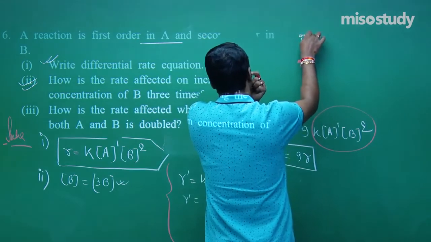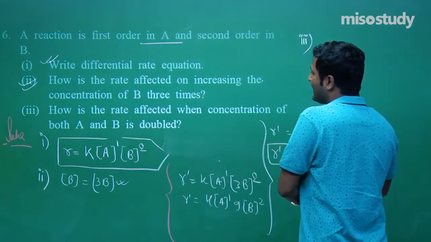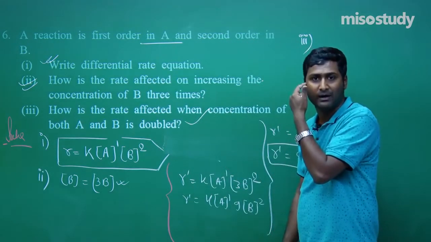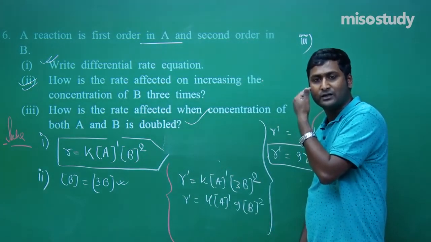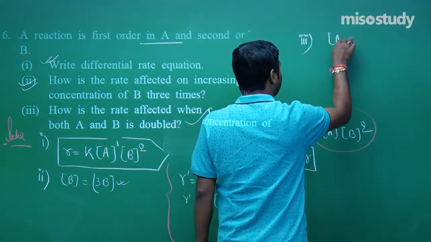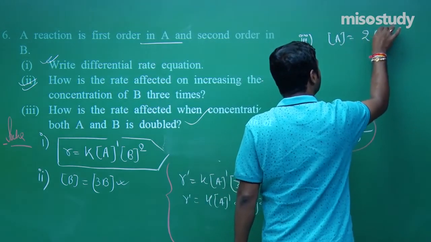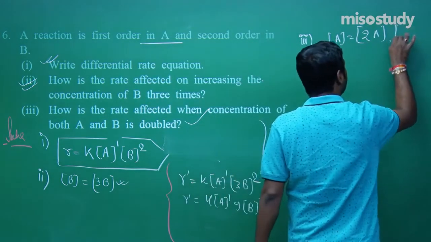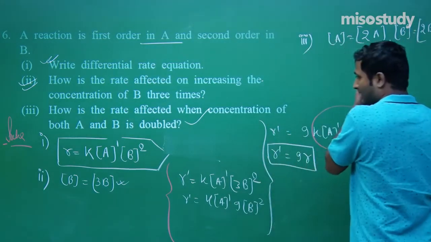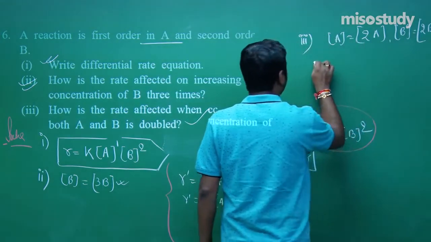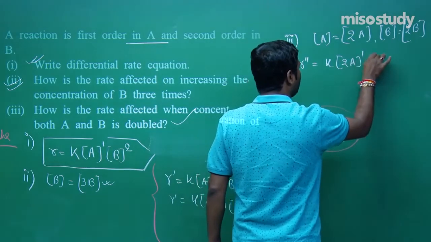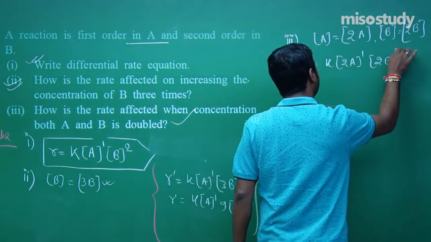Now the next question, what is given here? How is the rate affected when the concentration of both A and B is doubled? Concentration of A here we can write 2A, and the concentration of B, my friend, 2B. Now we know the new rate is equal to K (2A) to the power 1 and (2B) to the power 2.